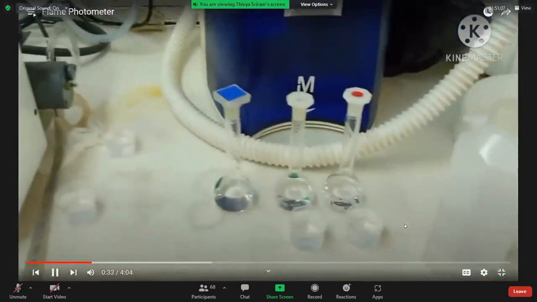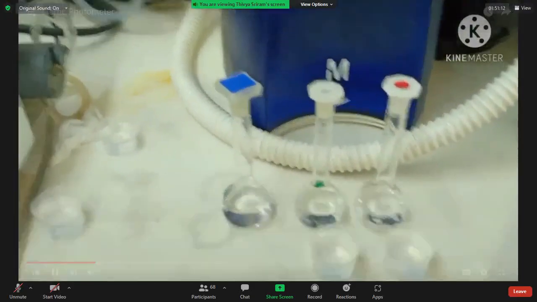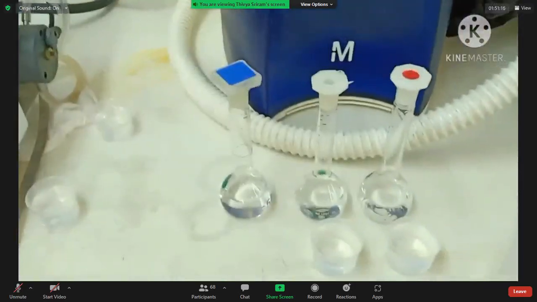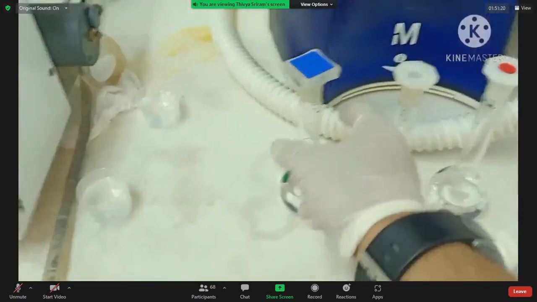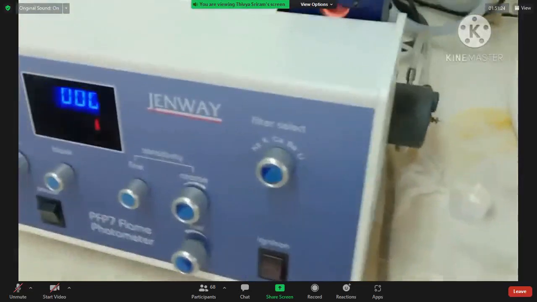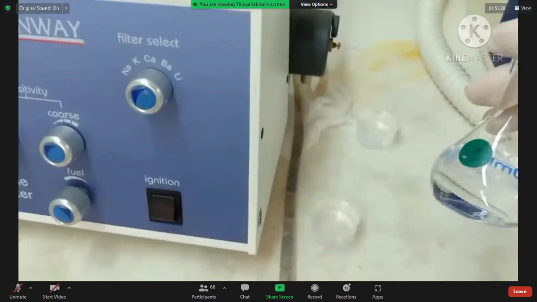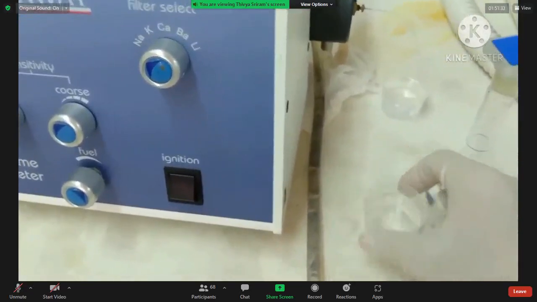So from the standards that I prepared, which are in different concentrations, I will be picking my standard which has the highest concentration. I have to put the highest standard in a cup, which is now prepared in this cup.